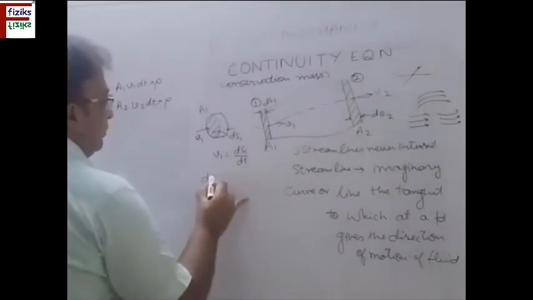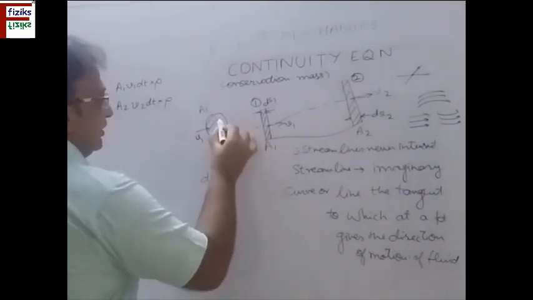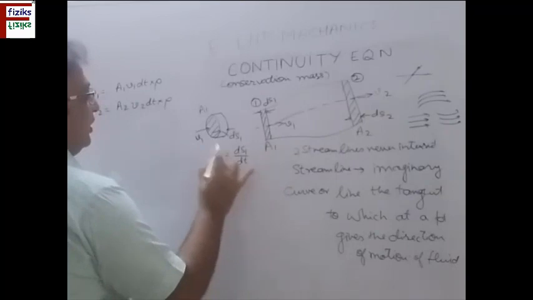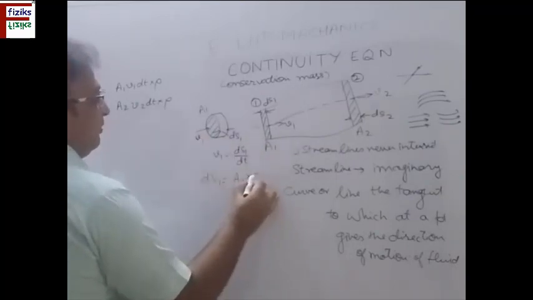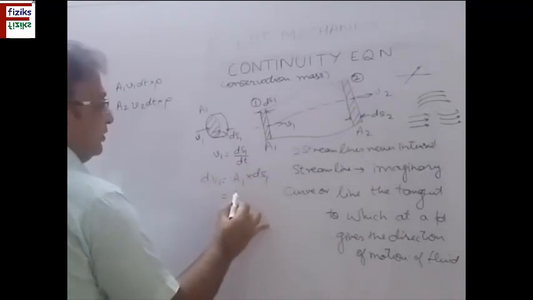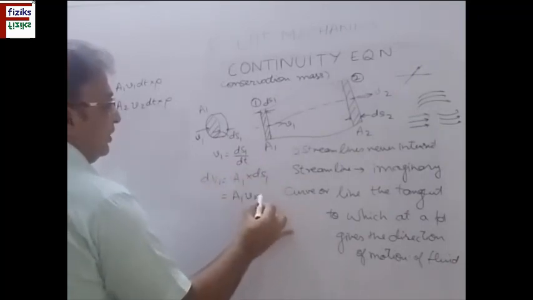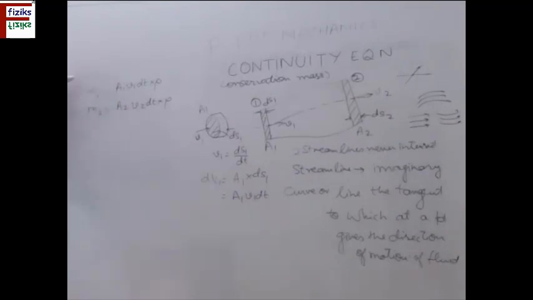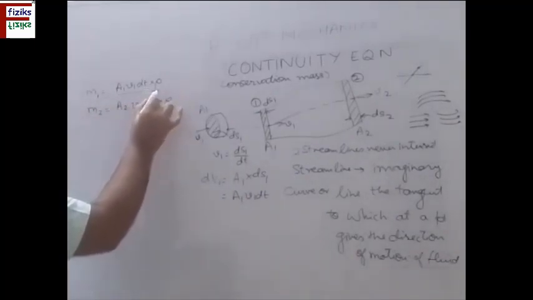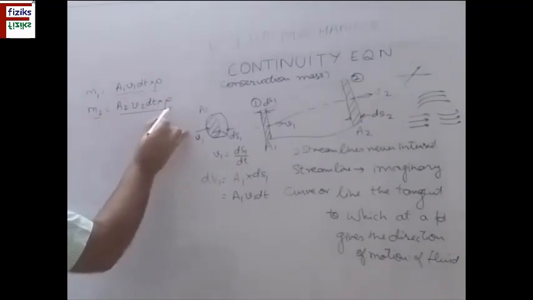So the volume of the fluid dV1 contained in a small element at any time is equal to A1 multiplied by ds1, and ds1 is V1 into dt. So this is A1 V1 dt, and the mass of this element is A1 V1 dt, volume into density. Similarly at exit I can write the equation.